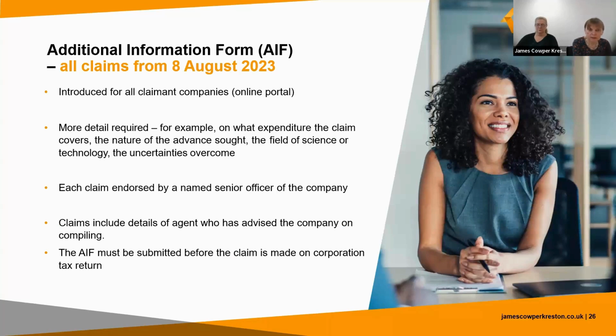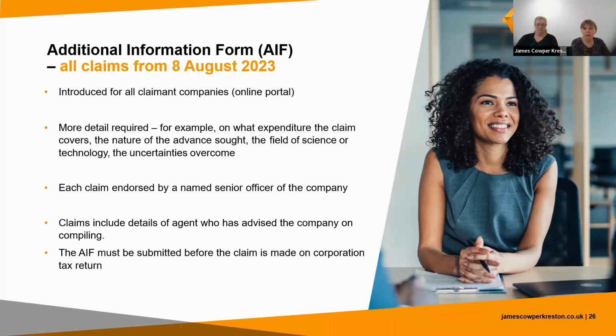Now, this is the thing that came in from 8th of August. So all claims now for R&D tax relief have to submit an additional information form, again, via a different portal from your normal tax computation or the advance notification. Lots of detail required in terms of the projects, how much expenditure on each project.